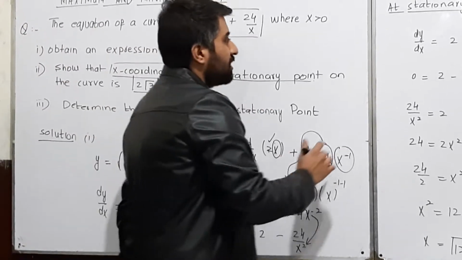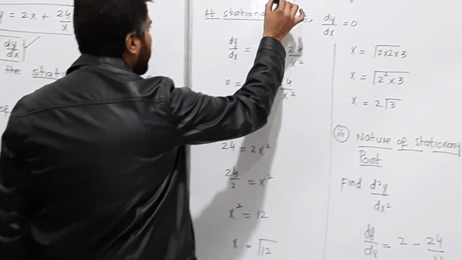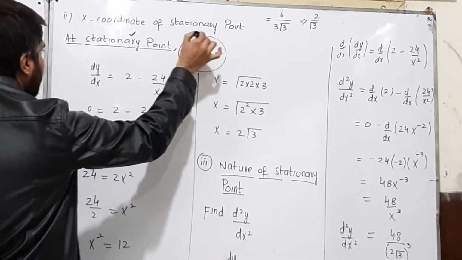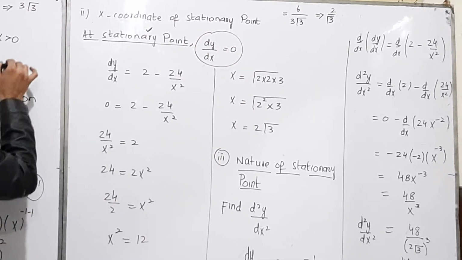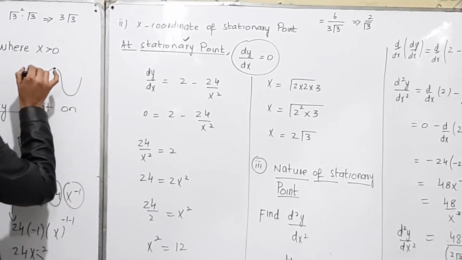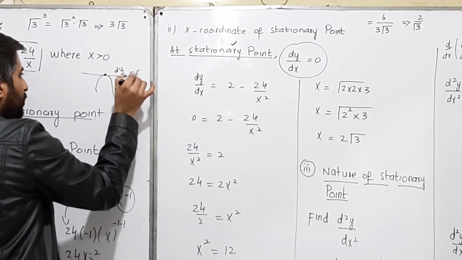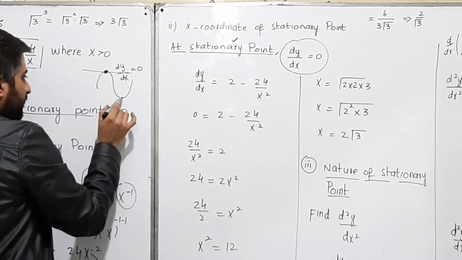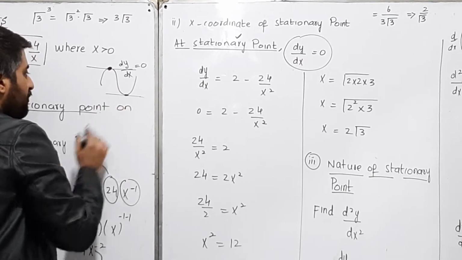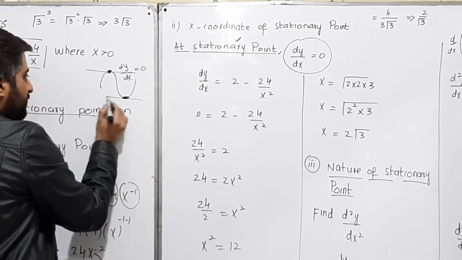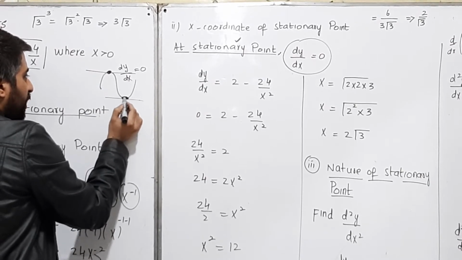Now coming to the stationary point, at the stationary point dy over dx is 0. Now this is a curve. This is the point where the gradient, which is dy over dx, is 0, and this point is called a stationary point. Similarly, this point is called a stationary point. Why? Because we have 0 gradient at this point of the curve.